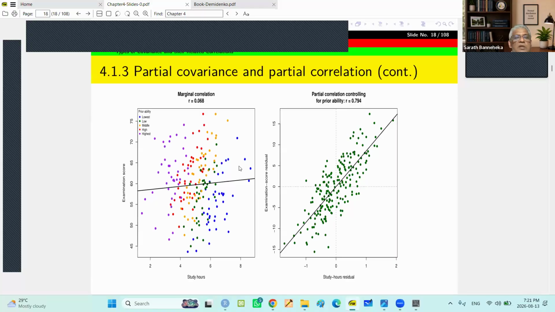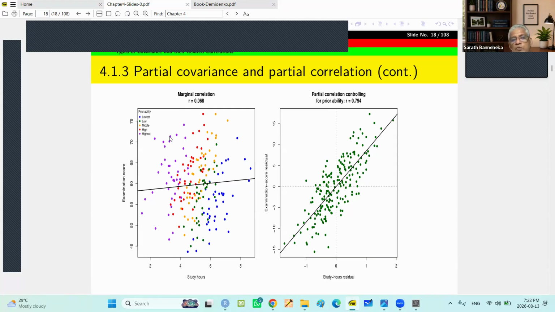So here is the original data, the scatter for the original data. Here, again, there are several colors indicating the prior ability level, right? So this group in blue is the lowest prior ability group. This group here in violet dots is the highest prior ability group.